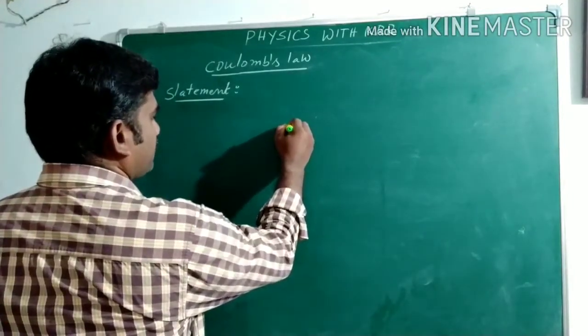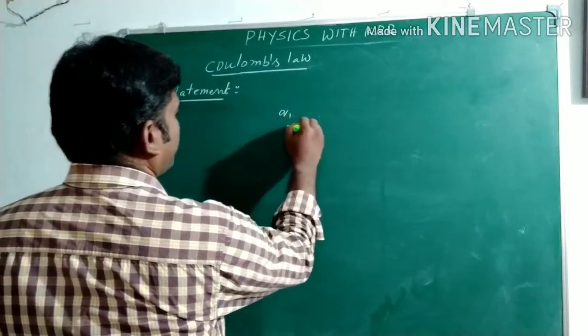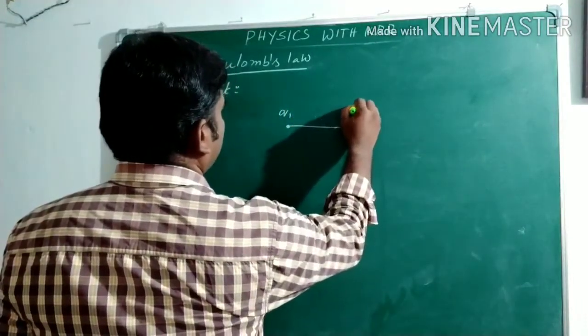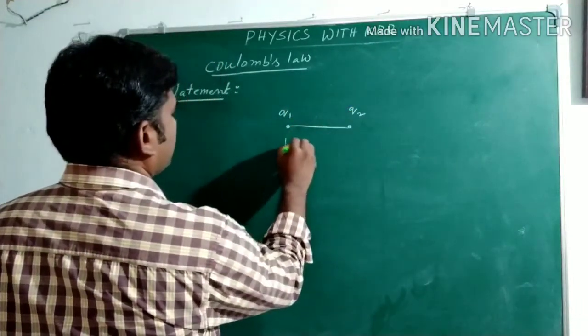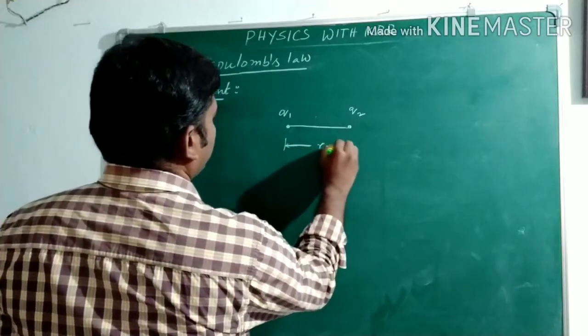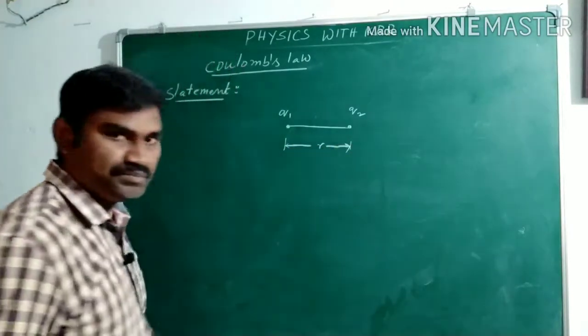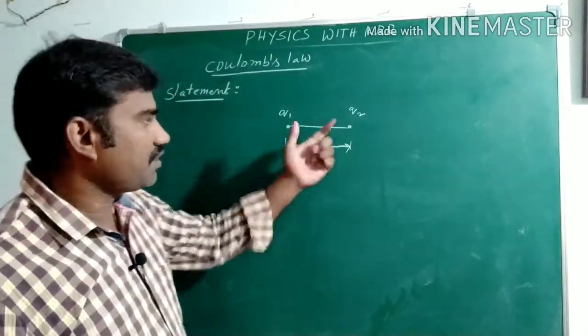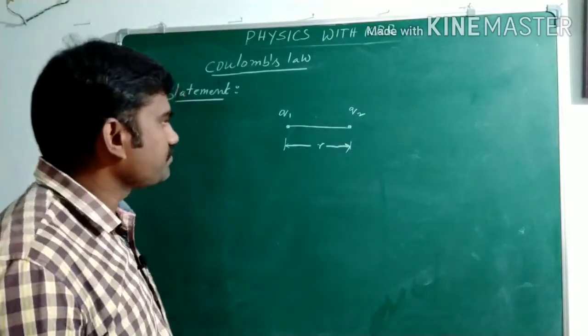When two charges Q1, Q2 separated by distance R, these two are of like charges.